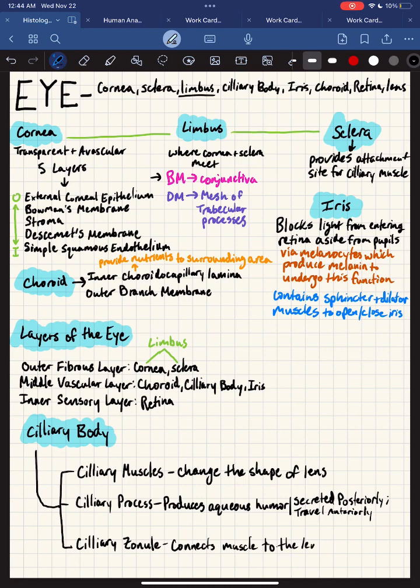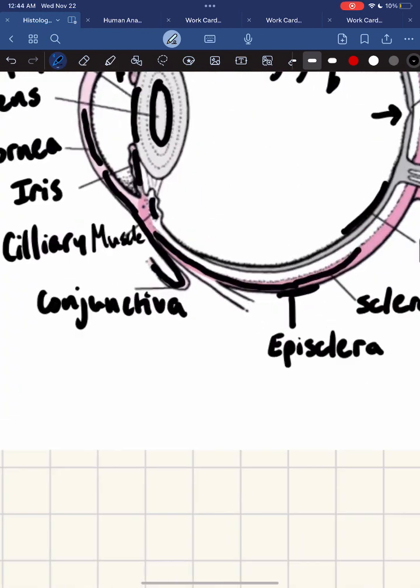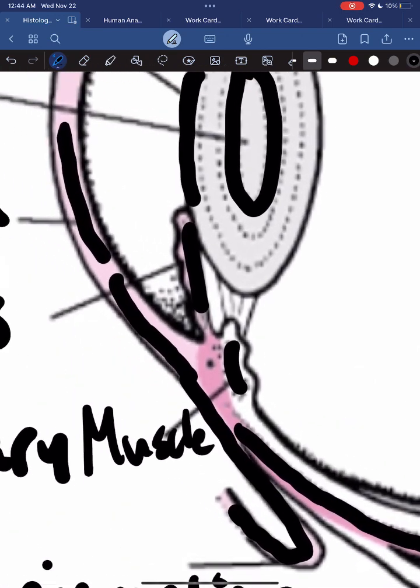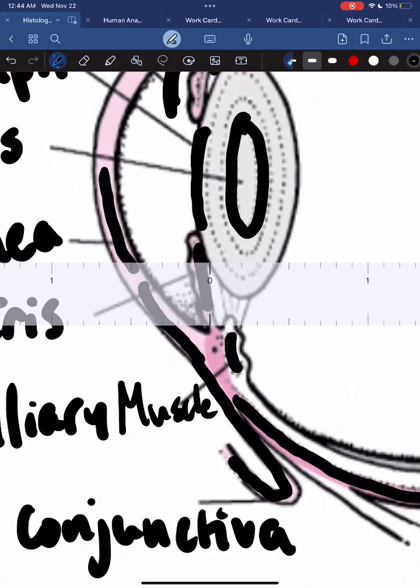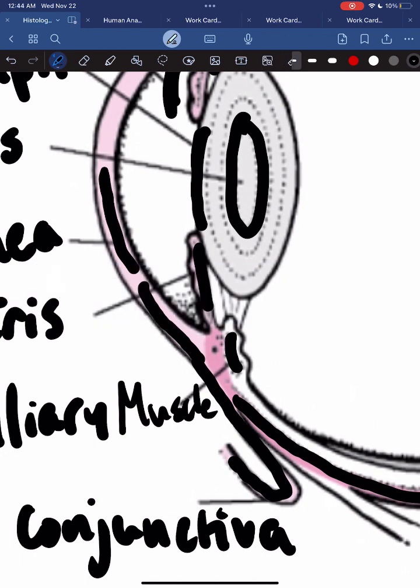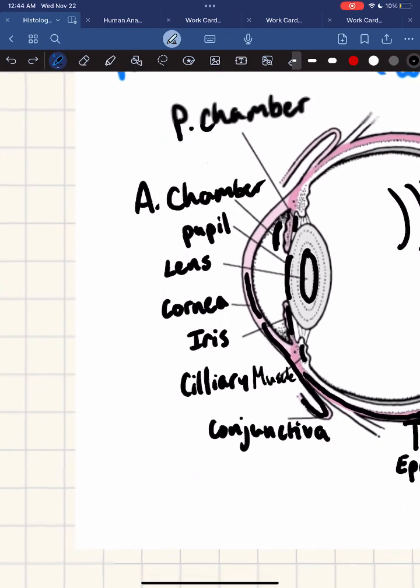And if you actually want to see that up close, if you look in really closely to this diagram, if you see these little projections, like right here, those are the ciliary zonules. That's the stuff that's connecting the muscle to the lens, the ciliary muscle.